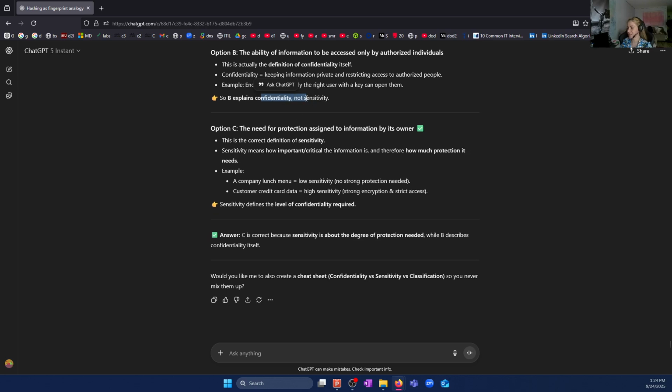It doesn't explain sensitivity. The need for protection assigned to information by its owner is the correct definition of sensitivity. I never heard the definition of sensitivity. So when you are sensitive, you have the need for protection?